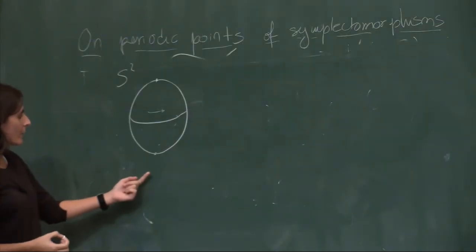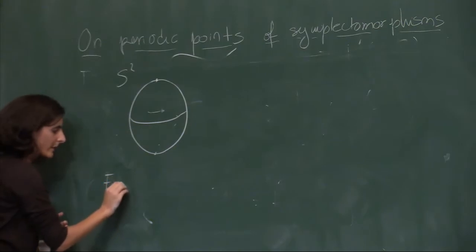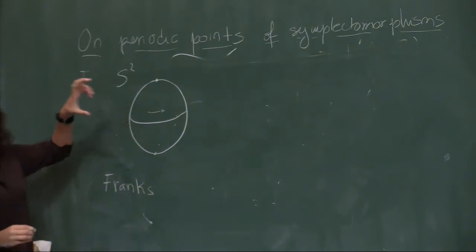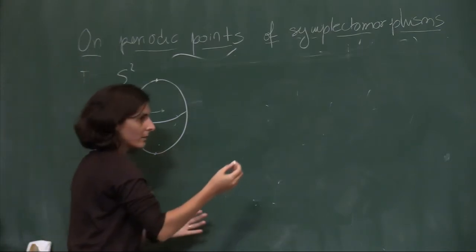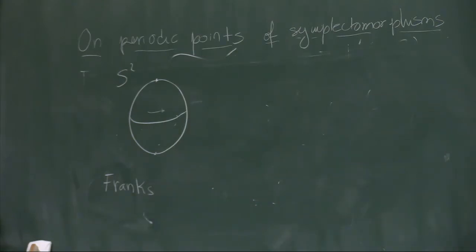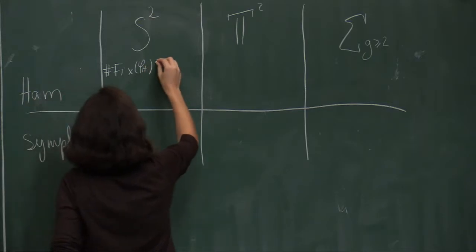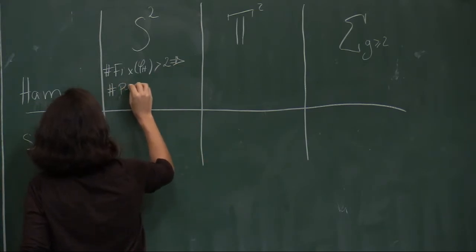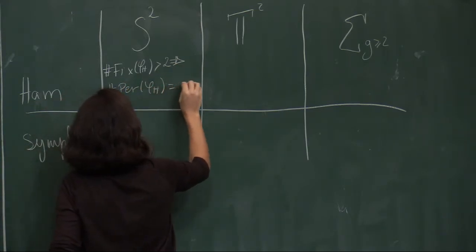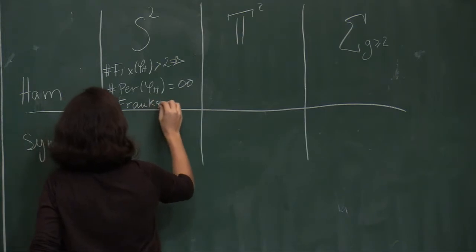However, Franks proved that if there are more than two fixed points, then there are infinitely many periodic points. So if the number of fixed points of phi_H is greater than 2, then I'll have infinitely many periodic points. This is due to Franks.